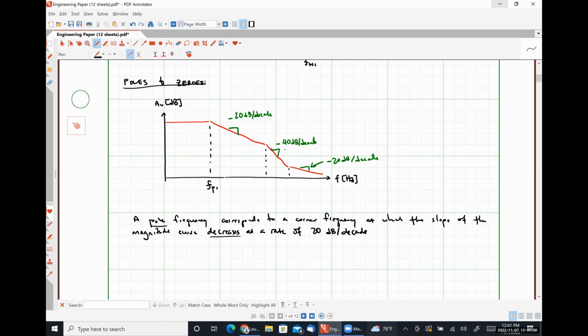Similarly, as we get to our second corner frequency, we see a subsequent increase in our slope of an additional negative 20 decibels per decade, which indicates that we have hit a second pole in our frequency response.